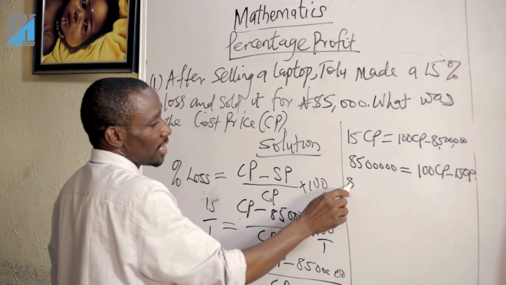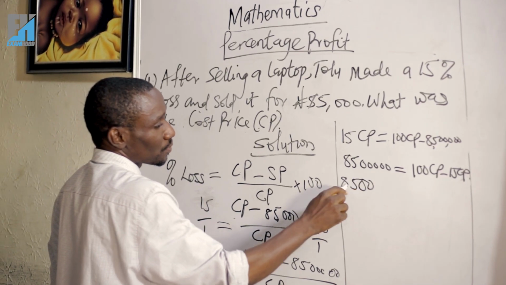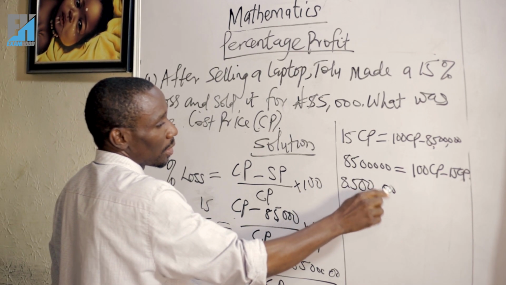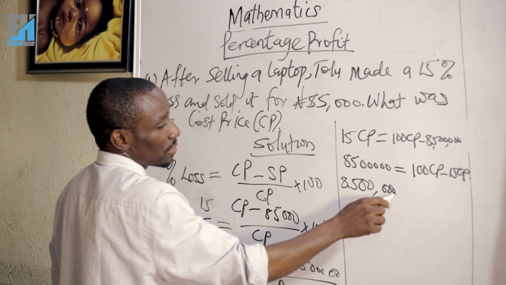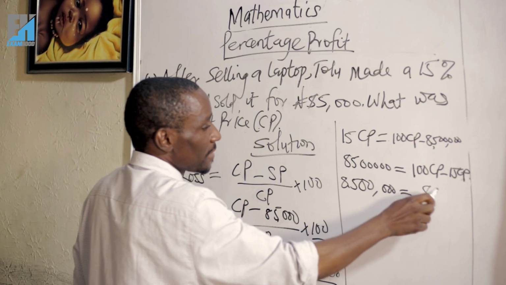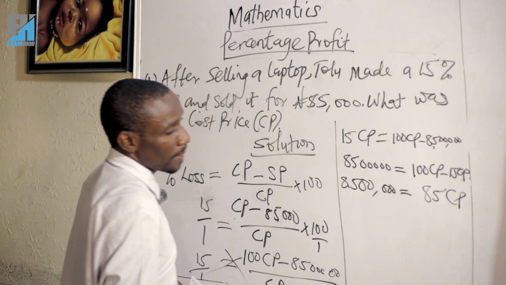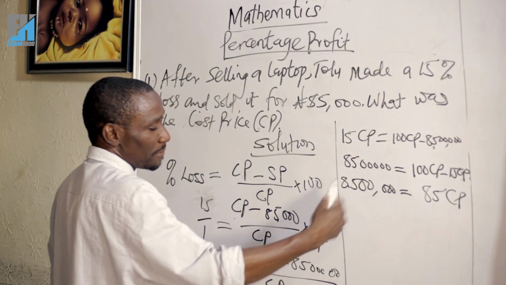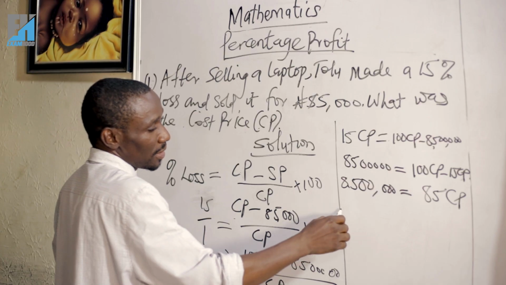So we have 8,500,000 is equal to 100 CP minus 15 CP, which gives 85 CP. We are looking for the cost price, so divide both sides by 85.